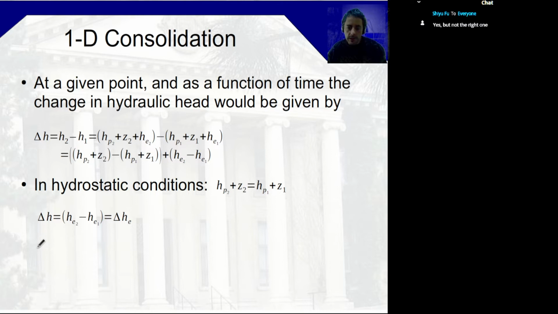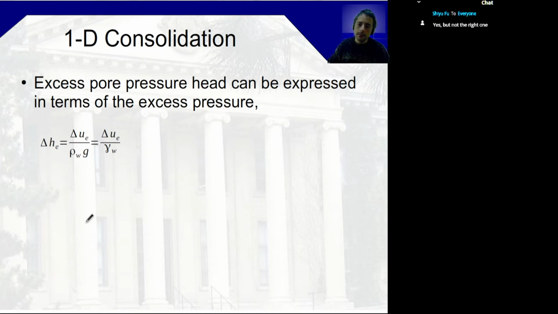And so what's left is the transient pressure. So if I have a transient element, that's what changes. So the change in transient pressure is basically equal to the change in pore water pressure. In hydrostatic condition, delta Z is equal, so it's common.